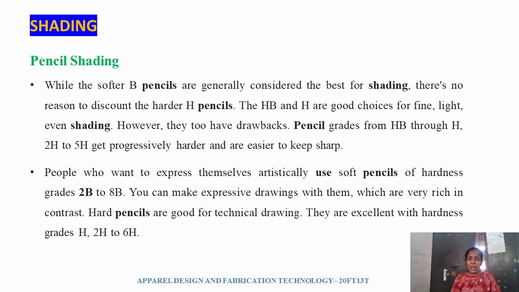You can make expressive drawings with them. They are very rich in contrast. Hard pencils are good for technical drawing purposes. They are excellent with hardness grades H, 2H to 6H.